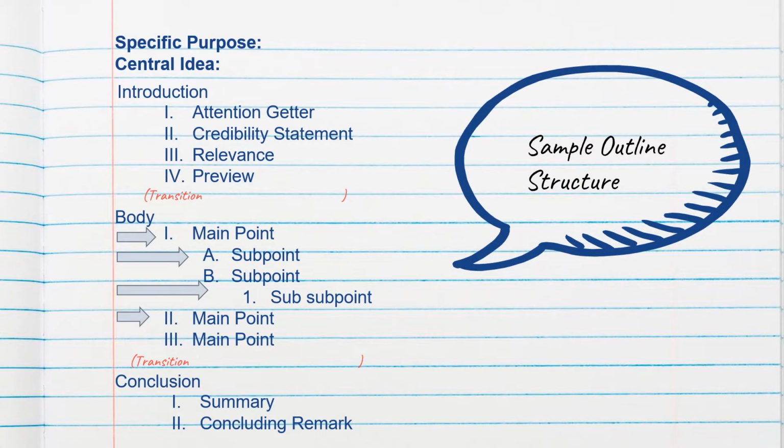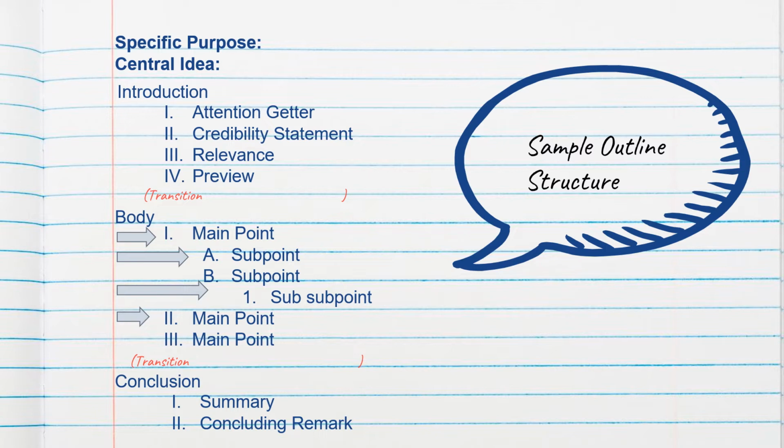What you see here is a sample speech outline. Now, of course, it will have much more information, but I really wanted you to take a look at the way it looks, right? So at the top of the page, you will have your specific purpose and your central idea statement. Remember, the specific purpose statement will start with to inform or to persuade.